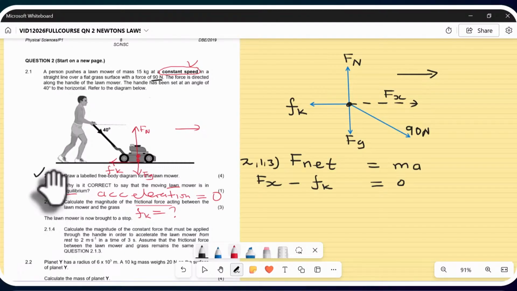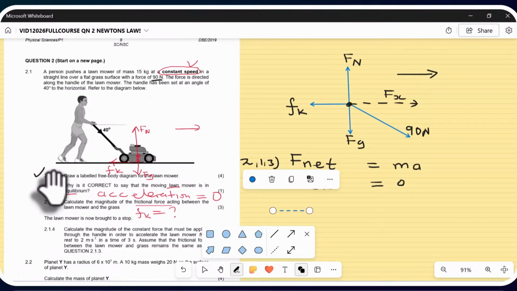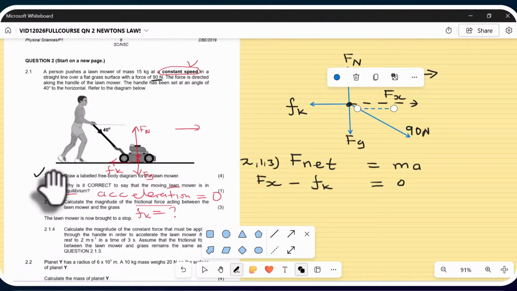I want you to watch this. See here, I was having the 40. This is the 40 here. So if this is 40, now this line is parallel to this one here. They are parallel, so these are corresponding angles. So this one is also 40.